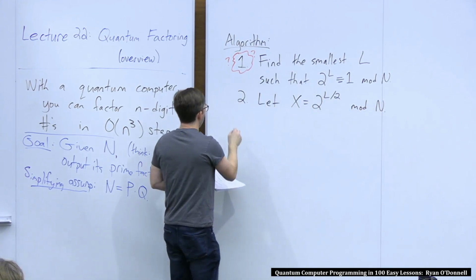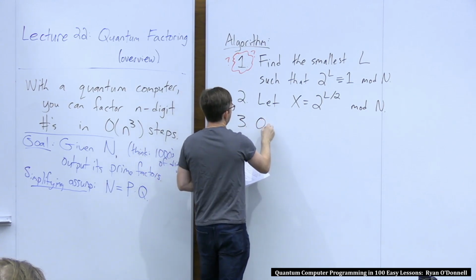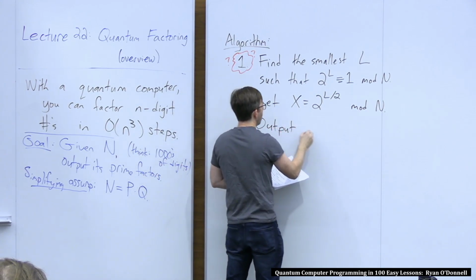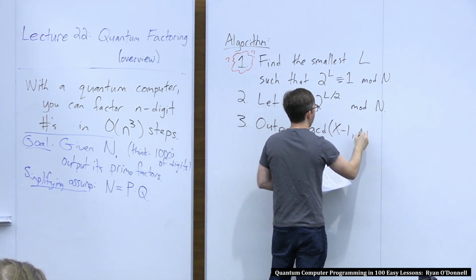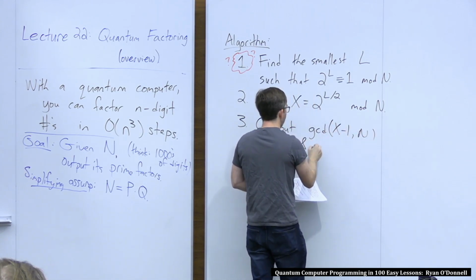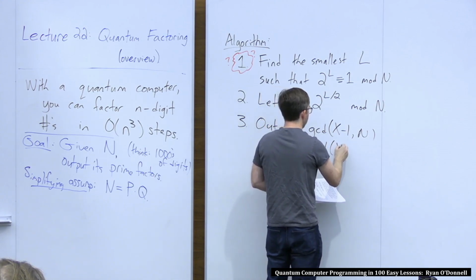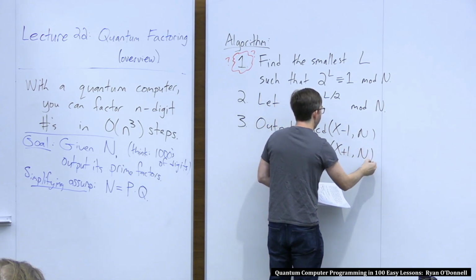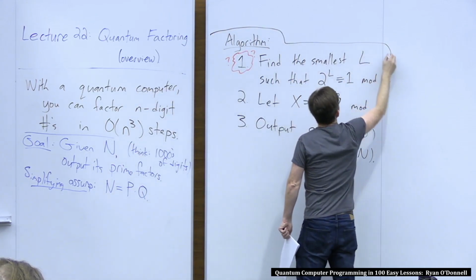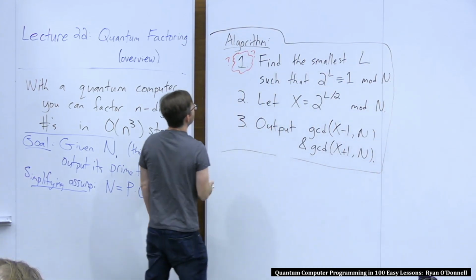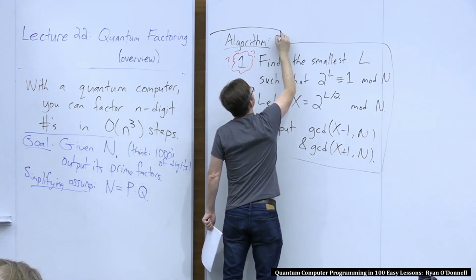And then 3, here's the output. You output the GCD, greatest common divisor, of x minus 1 with n, and also the greatest common divisor of x plus 1 with n. Okay, that's it. That's the whole sketch of the algorithm.